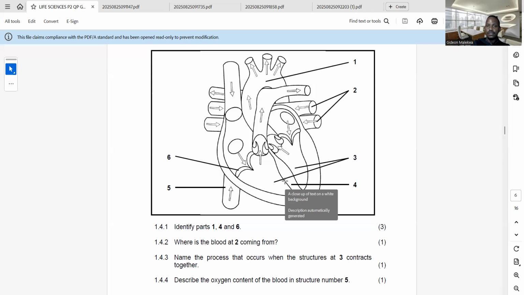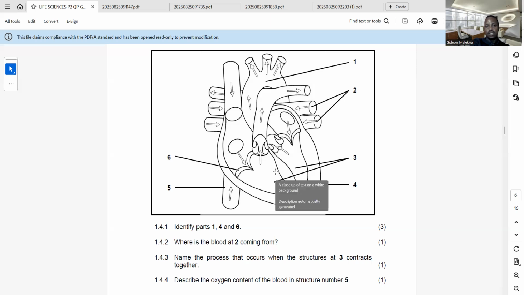And the top chambers, when they are contracting as well, we call it the atrial systole. If the 4 chambers' muscles are relaxing, we call that the diastole.